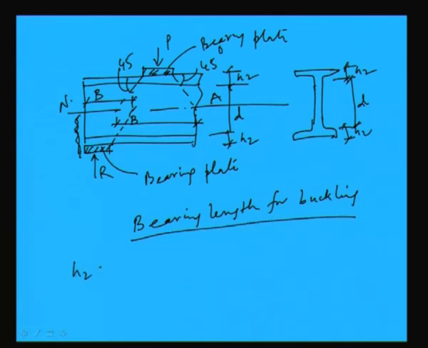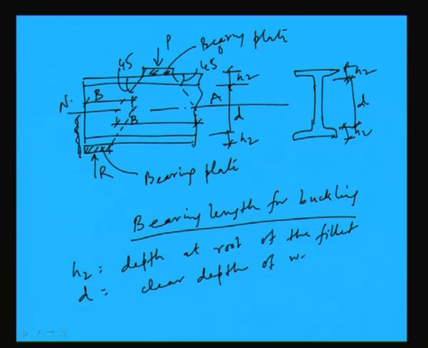Here H2 is the depth at the root of the fillet and D is the clear depth of the web between the fillets, right.